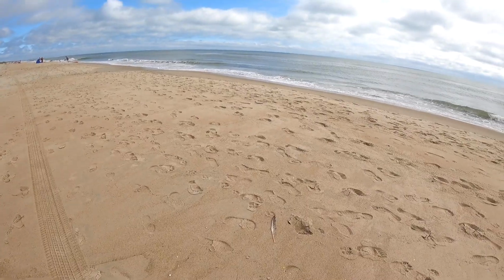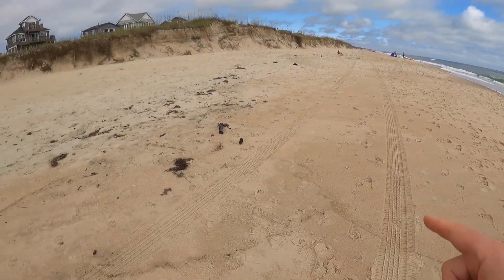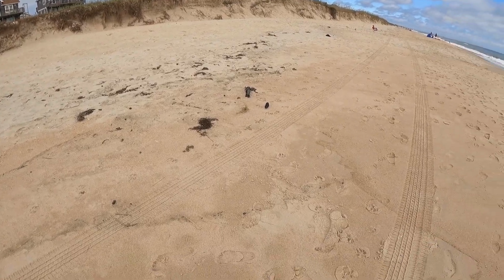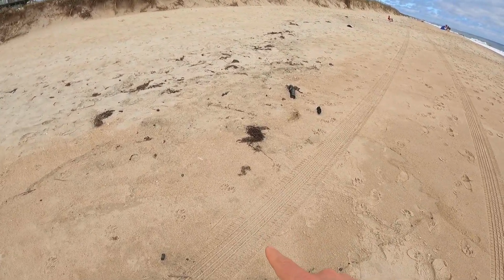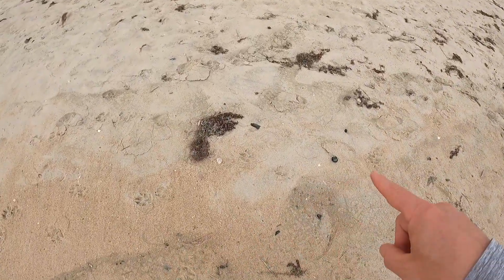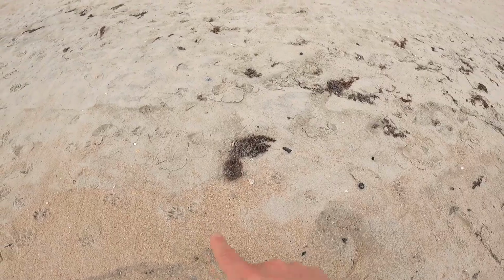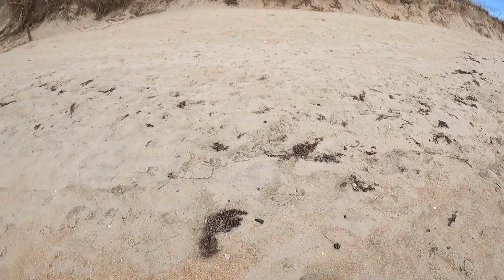Okay, waterline, sand, and then we got a couple things going on. We've got darker sand in here, which obviously means it was wet. And we've got a line running right across here, and then we've got some debris running up there as well.